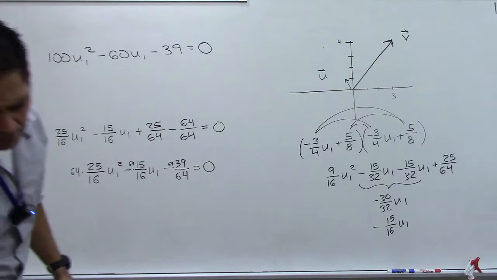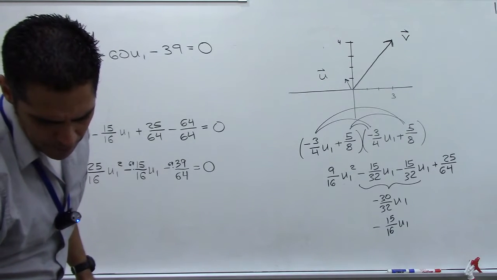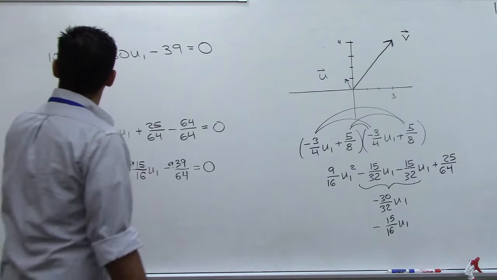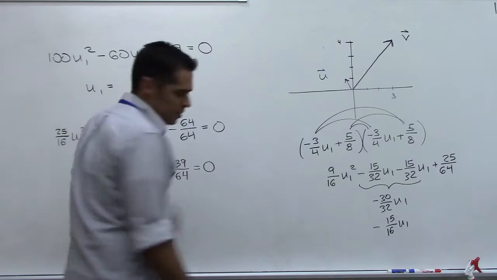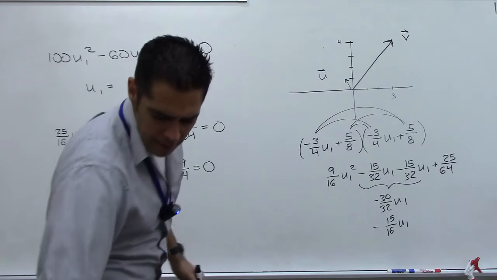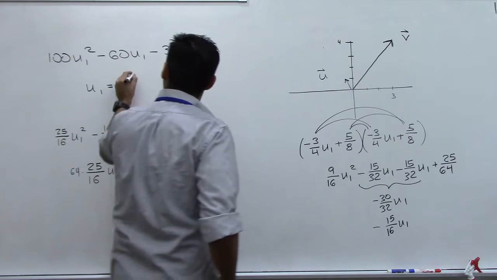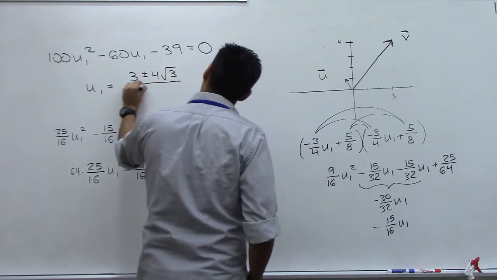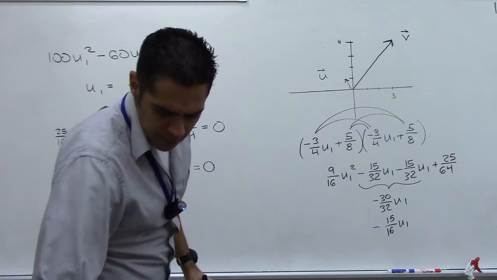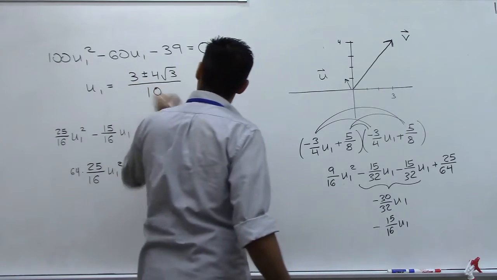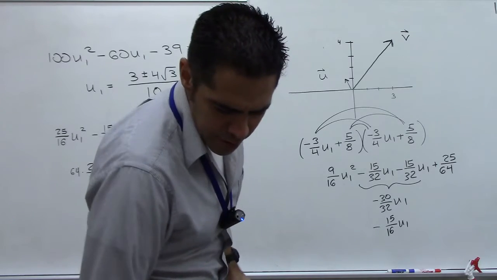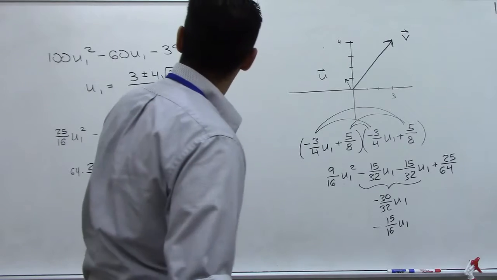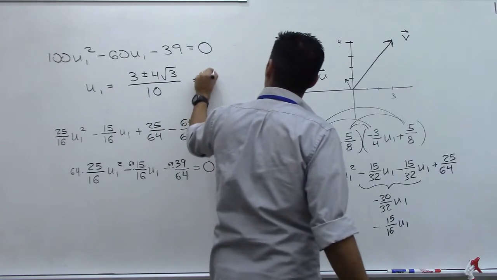And I'll just tell you what we get for the answers here. You get u1, after you simplify, is equal to 3 plus or minus 4 root 3 all over 10, which is approximately, well, there's 2 different answers here, so I'll give you both answers.